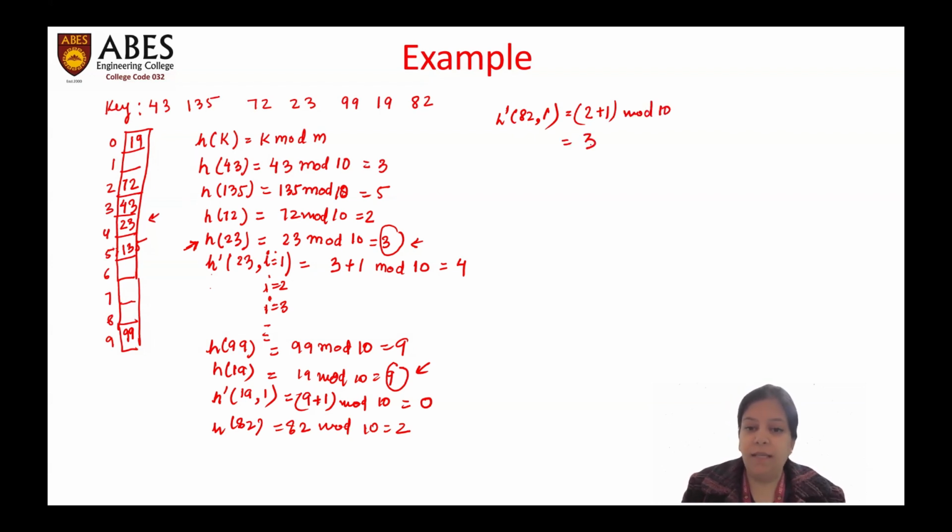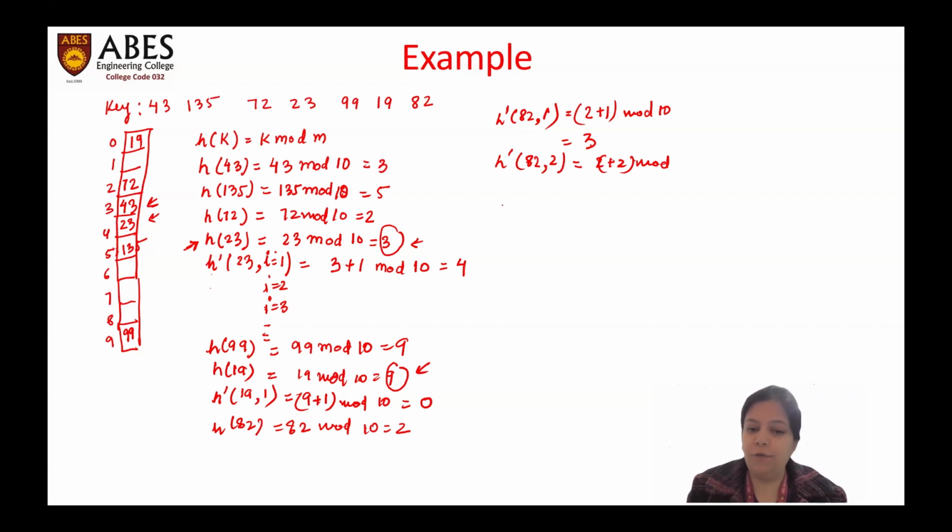But as you can see, index 3 is also occupied by 43, so we cannot place 82 here. We have to keep on probing and increase the value of i. So i now becomes 2, and it will be (2 plus 2) mod 10, which gives us 4.